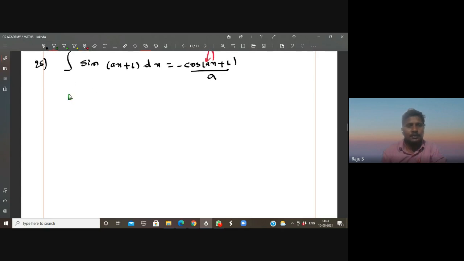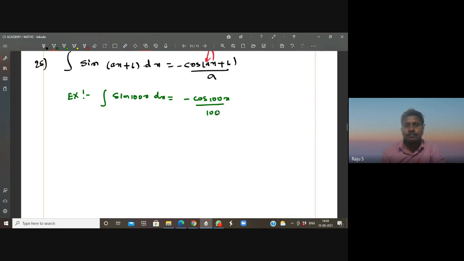Example: what is integral sine 100x? Can anyone say the answer? First, you have to remember that the integral of sine x is minus cos x. So immediately you can write minus cos 100x by what is the x coefficient here?